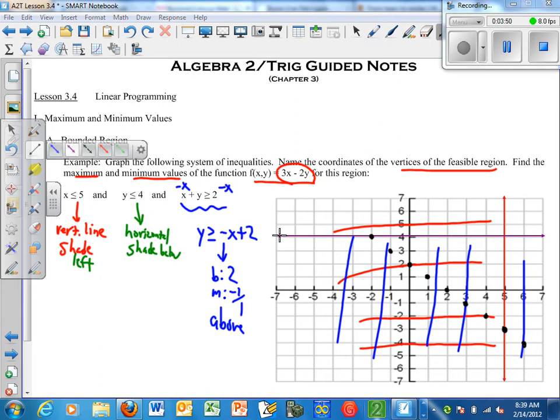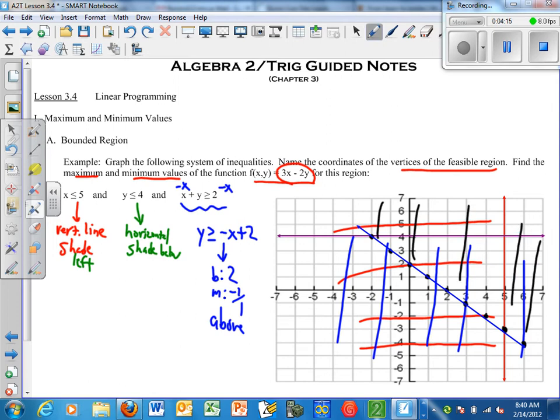Let's use blue on this. So we're going to come like this. And it's a solid line. We are going to shade above. As you can see, above that line would be here.